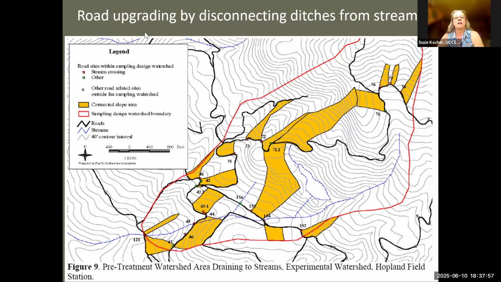And then the idea of disconnecting ditches from streams. So this was a project that Richard and I were involved in at our Hopland Research Station. And this is a map of before their project, the watershed area that drained directly into a ditch that drained directly into a stream.